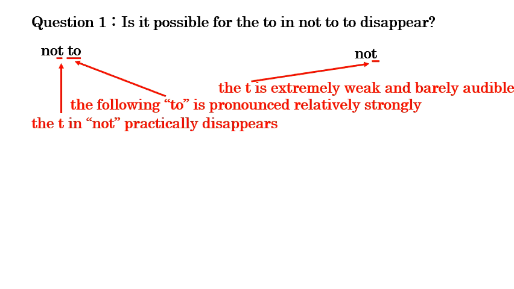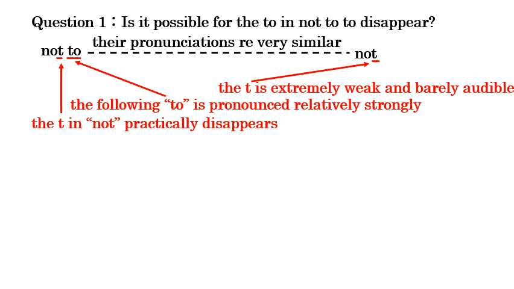In pronunciation, they're very similar, so it can sound that way. It seems as if the following "to" were absorbed into the T of "not," or more precisely, it's perceived that way. It doesn't actually disappear, does it? Right. It doesn't disappear, it just sounds that way.